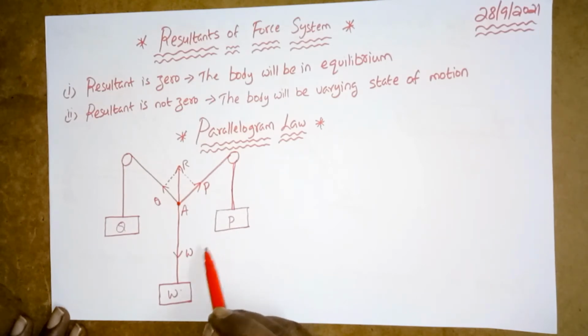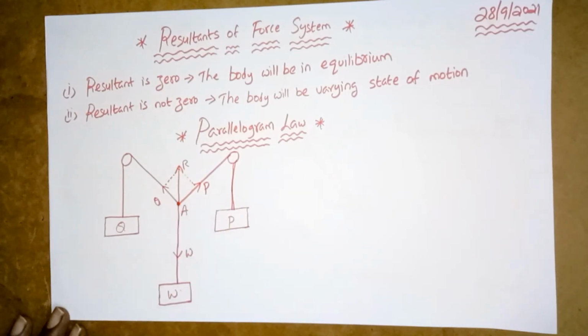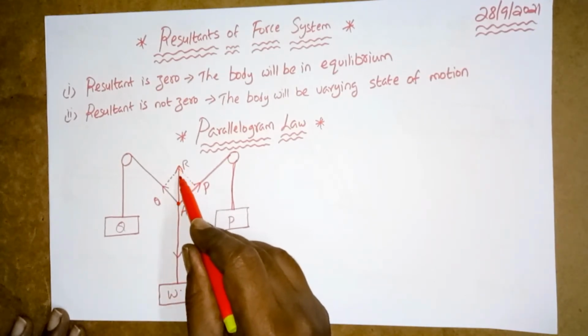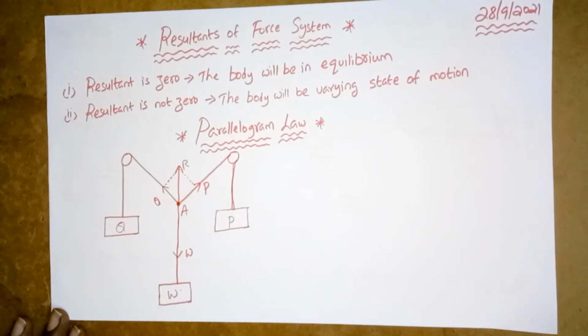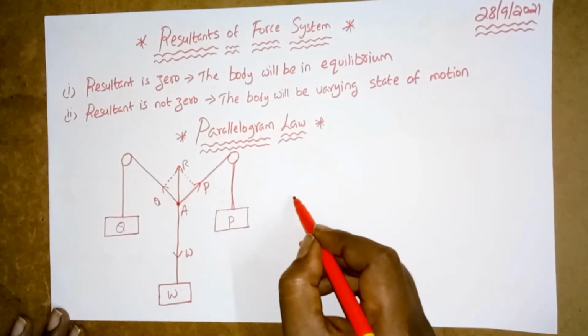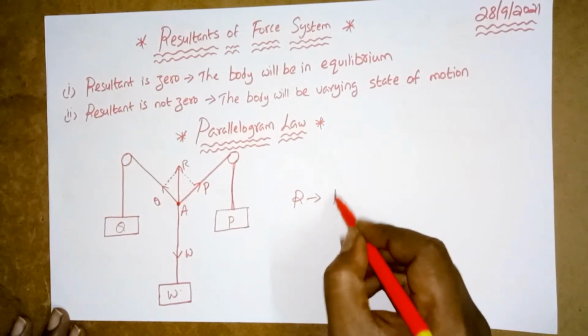In other words, the net effect of the forces P and Q may be replaced by a single force R. Such a force is called the resultant. So here we can write, R is called a resultant.